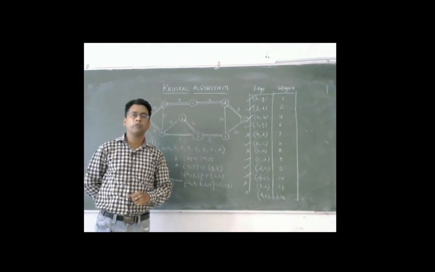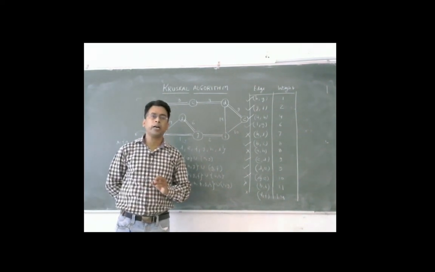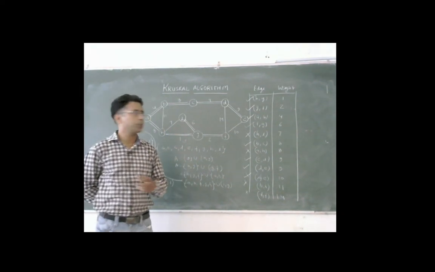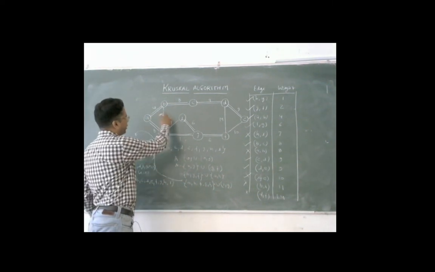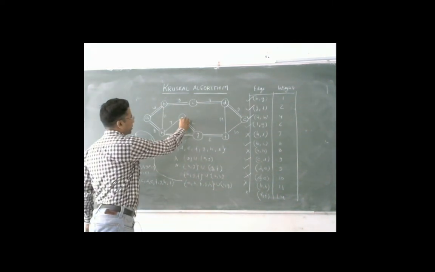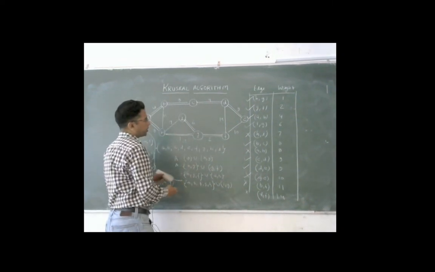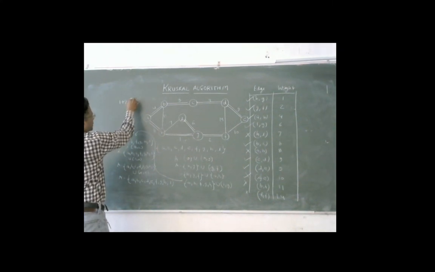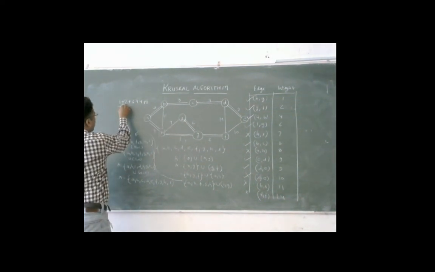The complexity of Kruskal's algorithm is E log E or E log V, and it gives you a subgraph that connects all the vertices of the graph with minimum possible weight. Now the weight of this subgraph is the sum of the weights of all these edges. So here 1 plus 2 plus 6 plus 4 plus 8 plus 8 plus 9 plus 9.